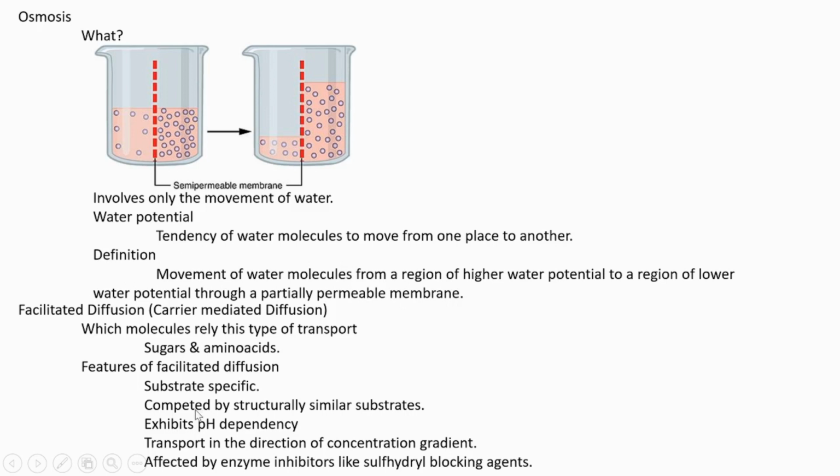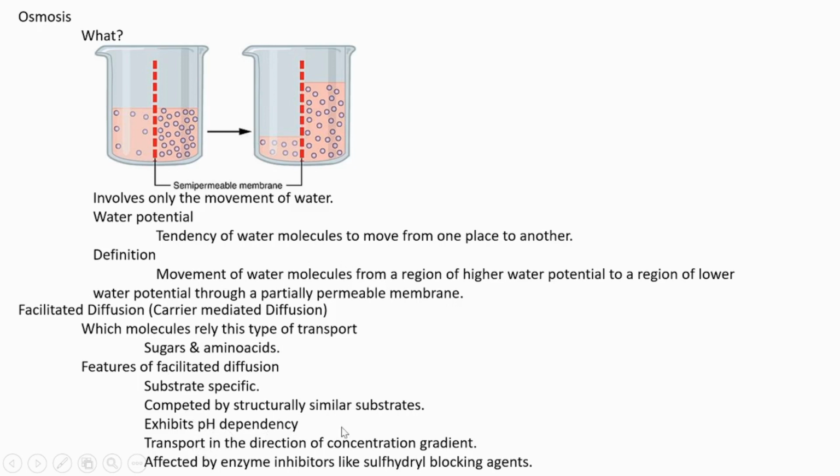In that way, it can inhibit the actual substrate from binding that carrier protein. This is another feature. The next feature is that the carrier protein's function is affected by pH. The variation in pH greatly affects the performance of that carrier protein.